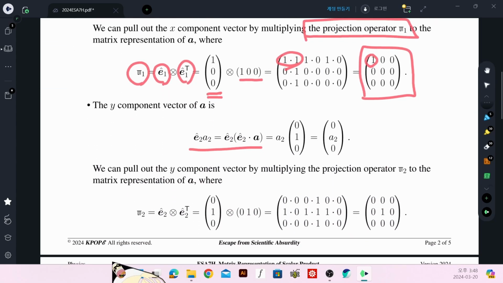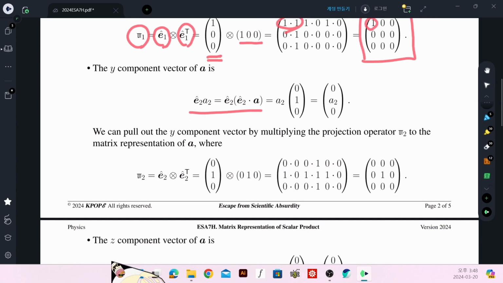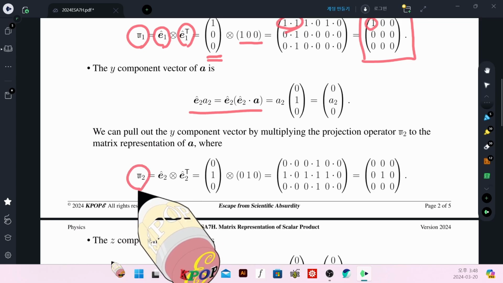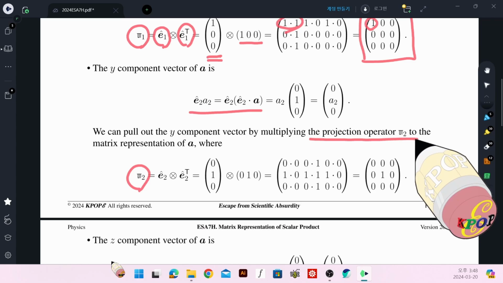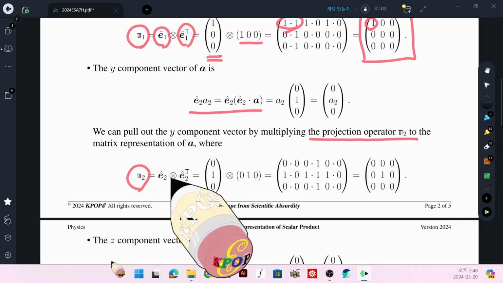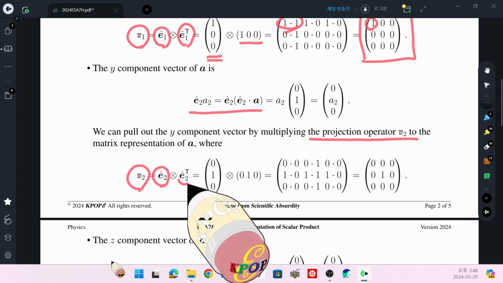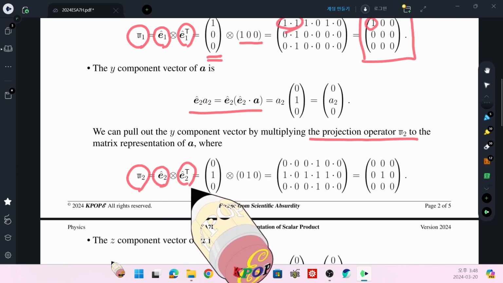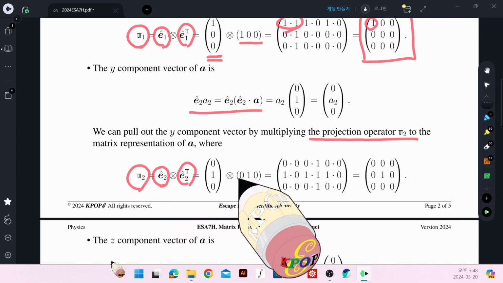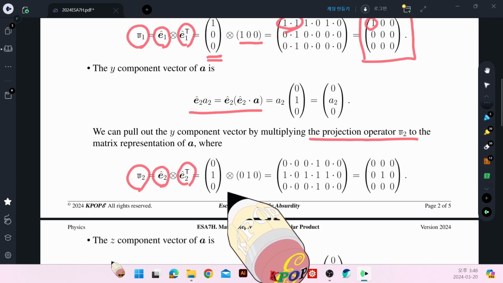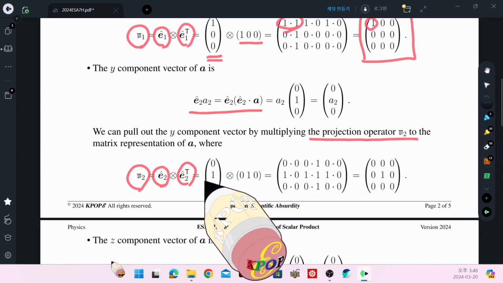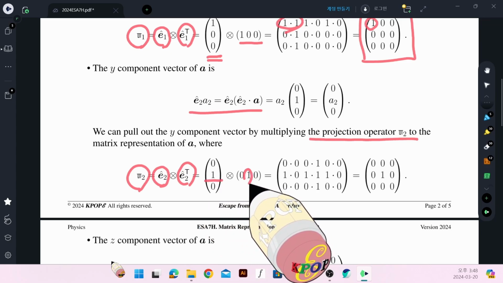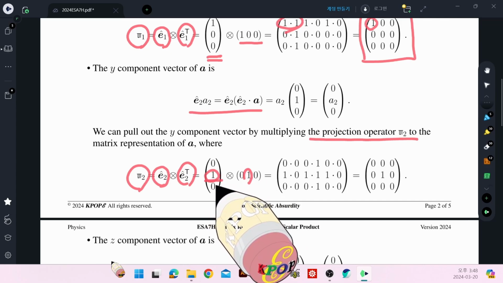In a similar manner, we can construct the projection operator for the y component. Projection operator pi 2 can be constructed by multiplying E2 hat and its transpose row vector as a direct product. In this case, the second row and second column have a factor of 1.